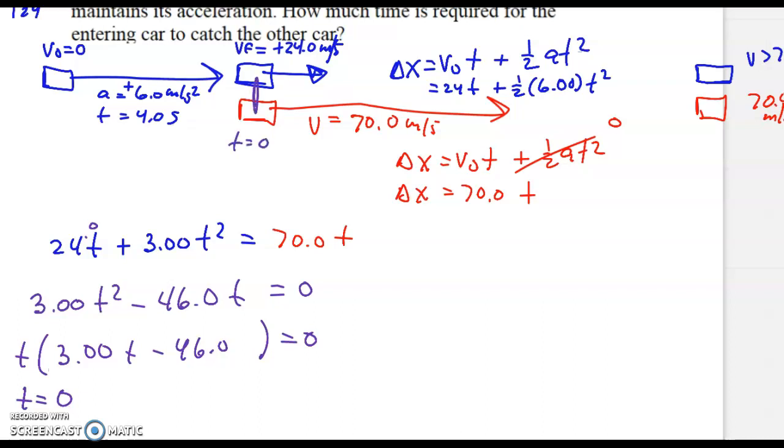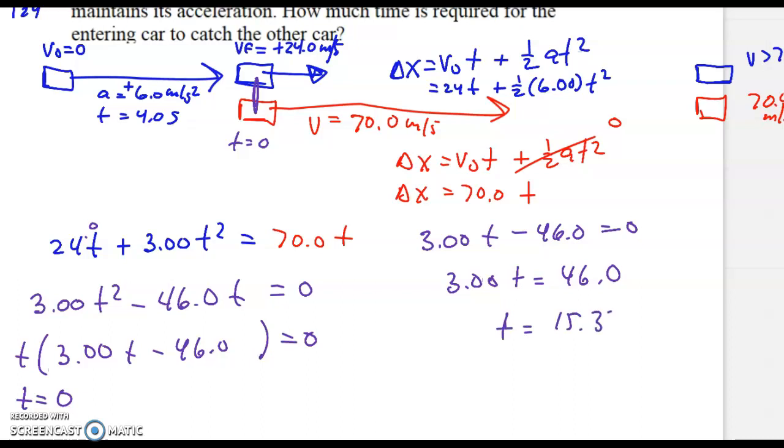They had the same displacement. But I'm more interested in later on. 3t minus 46 is equal to 0. So 3t equals 46. It looks like t is going to be 15 1/3 seconds. Not all those are significant. So down here, this is going to happen at 15.3 seconds.